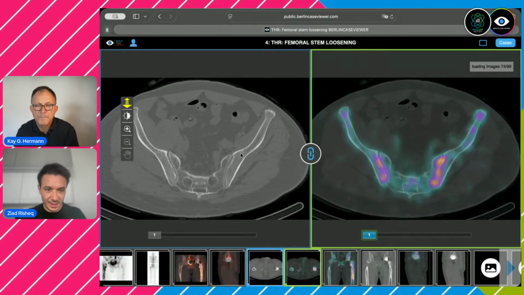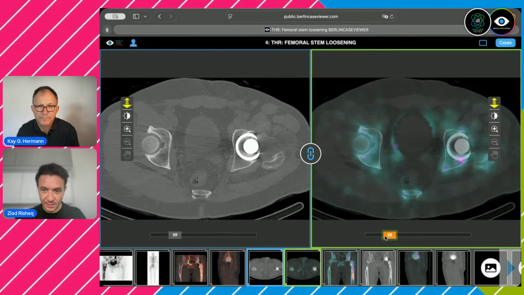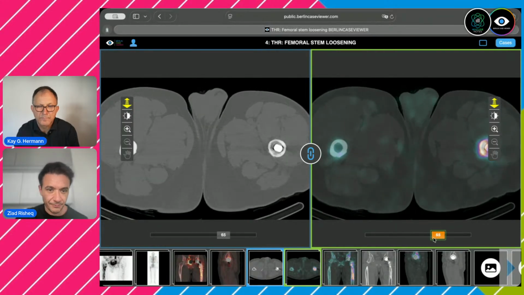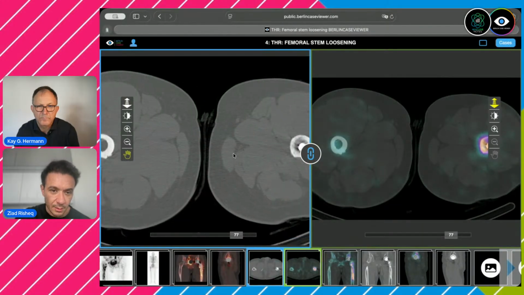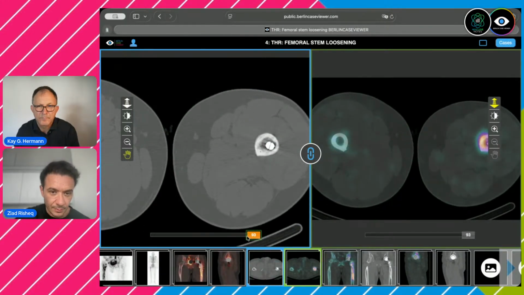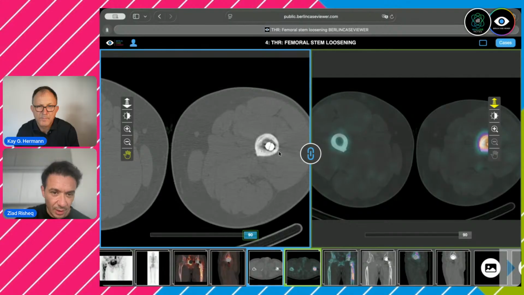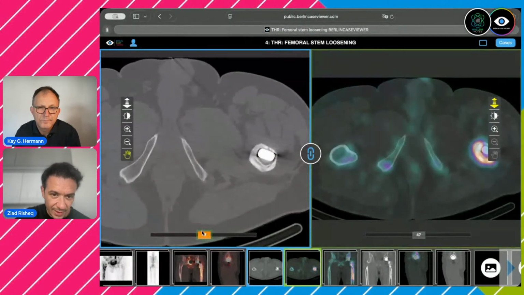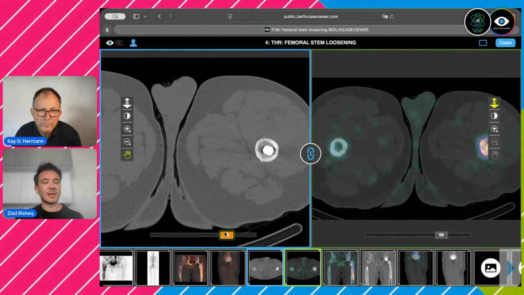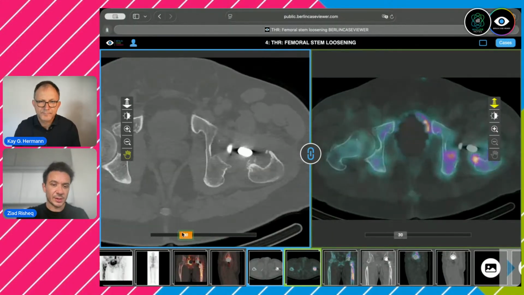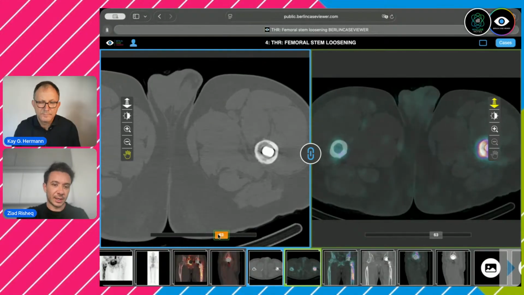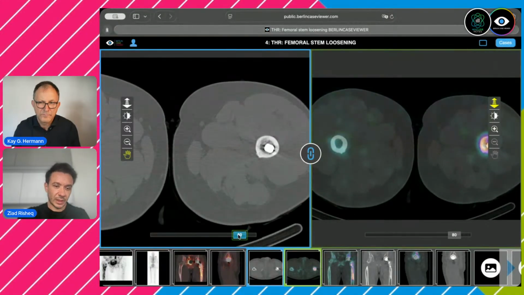So you can see there's intense uptake around the sacroiliac joint. And here, you can see a bit of periosteal reaction, cortical thickening, but we don't see what we usually see in septic loosening: osteolysis, cortical disruption, endosteal scalloping.